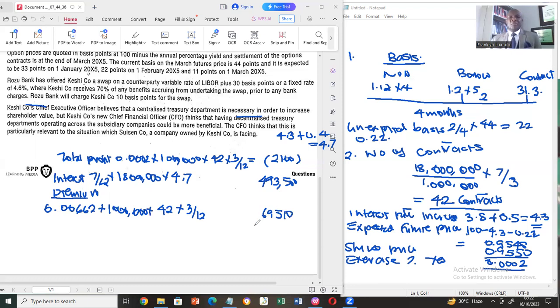So the premium increases the cost. So it will be net interest payable.